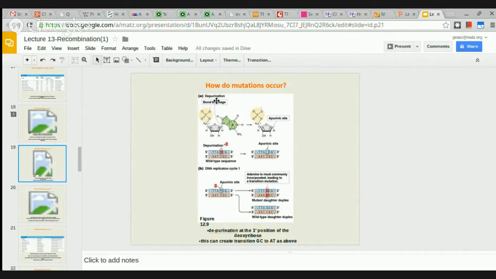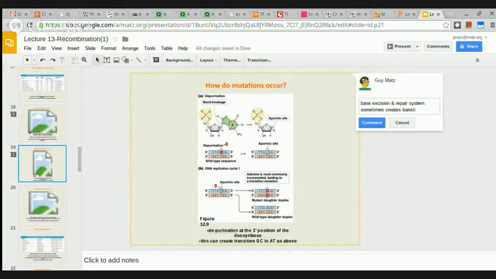So we have an apurinic site, and it's called the base excision repair system, and it will fix that randomly, although it will usually put an A instead. So if you have depurination of a G, it can put pretty much anything, but usually puts an A. In that particular case, you have a transition as well. So depurination of the 1' position is simply the loss of the base.